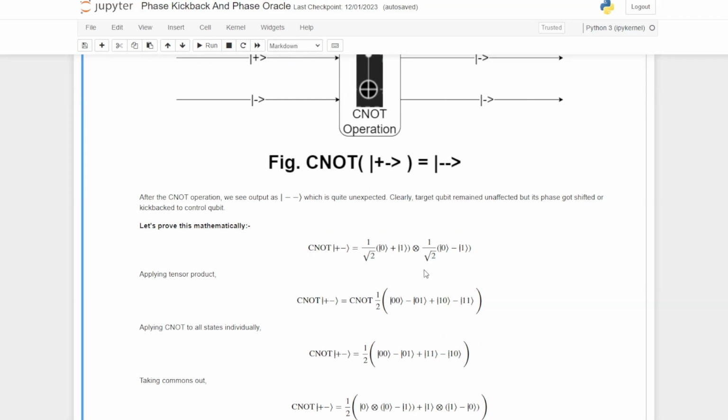We will do the tensor product first. So after doing the tensor product, this will become 00 minus 01 plus 10 minus 11, and the 1 upon root 2 and 1 upon root 2 will be multiplied as 1 upon 2, and then here we will apply the C naught gate.